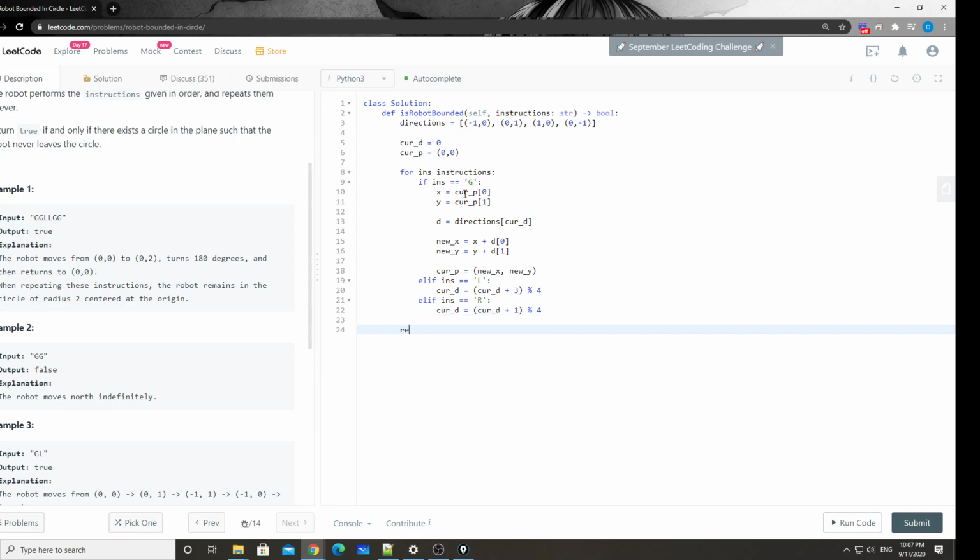And in the end, like I said, we check two things. We check if the current direction is not facing north, or the current position is 0, 0. If either of these two is satisfied, then we know the robot is bounded. Okay, run it.